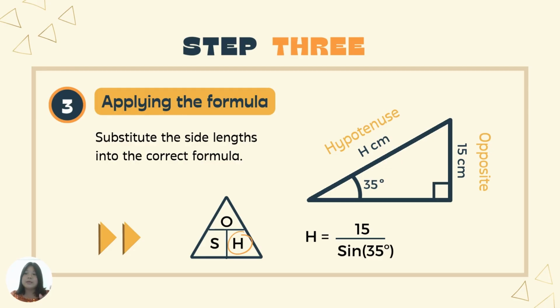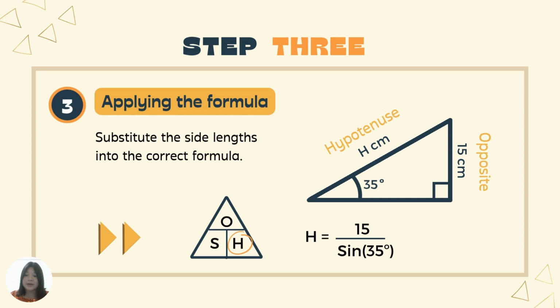Next, we substitute the side lengths into the correct formula. Since we are using sine, the formula is sine theta equals opposite side over hypotenuse. In our example here, sine 35 degrees equals 15 over h.